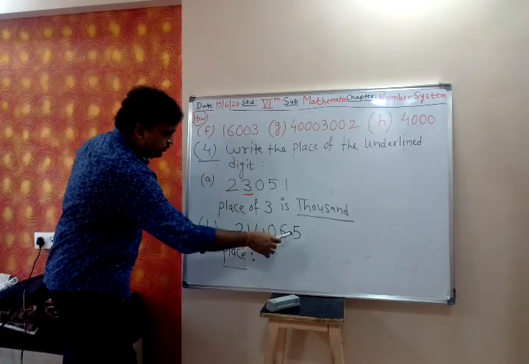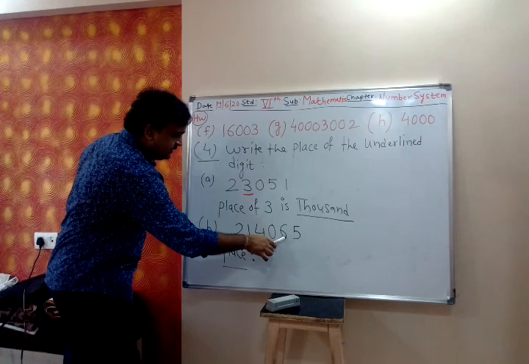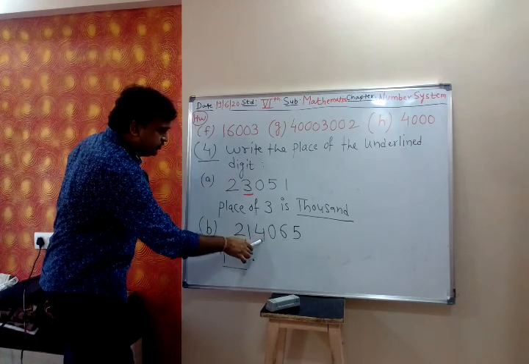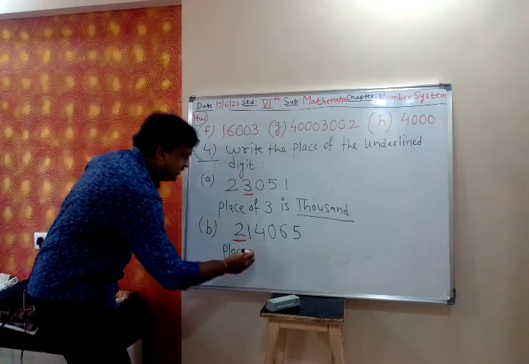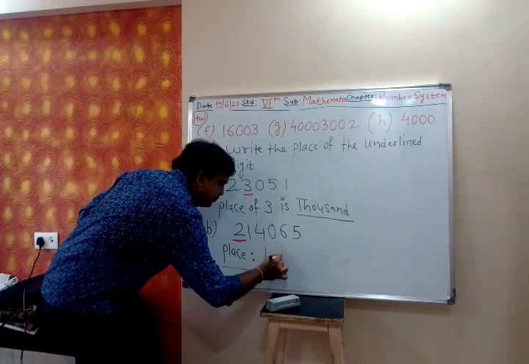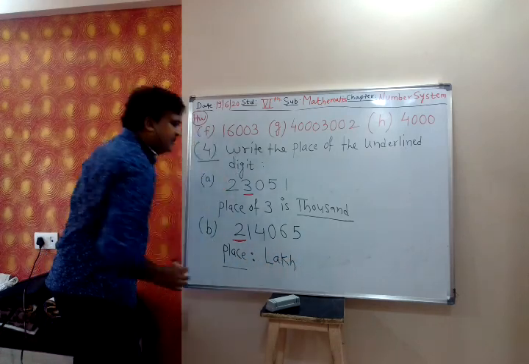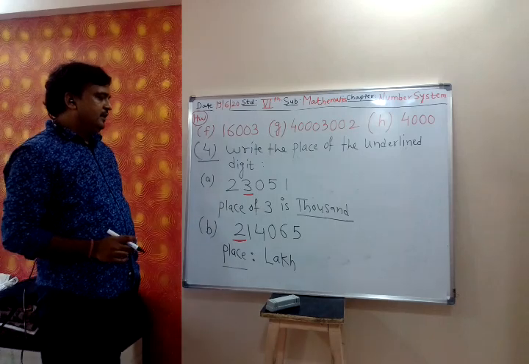So we count ones, tens, hundreds, thousands, ten thousands, lakhs. So the place is lakh. Is it clear?